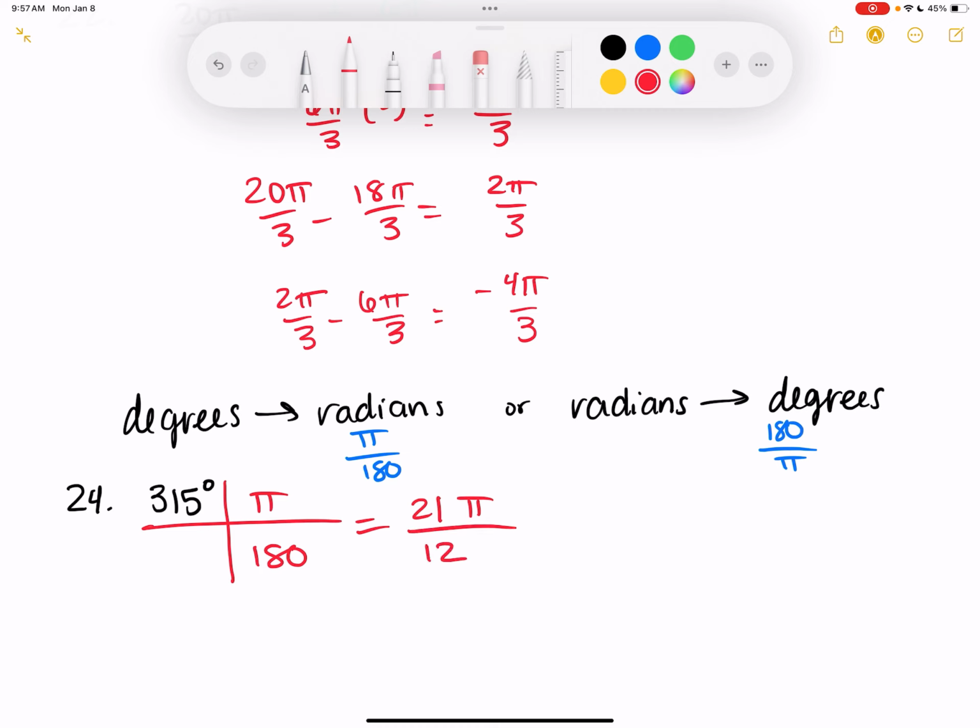Is that right? Oh, we can still reduce it. What else can I take out? 3, so that's going to be 7 pi over 4. So in these ones we do reduce. Okay, reduce all the way. So that is the conversion from degrees to radians.